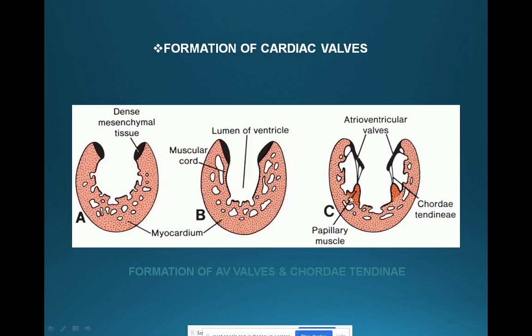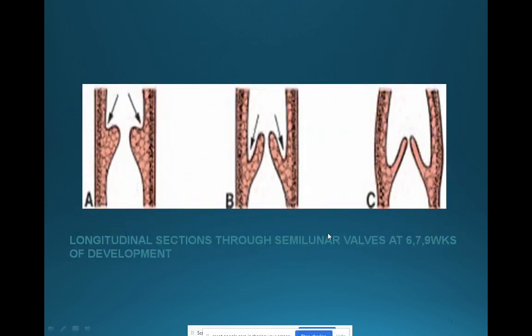Once they erode, some part of it elongates, forming the papillary muscle, the rest of the part is replaced by fibrous tissue forming the chordae tendineae, and whatever remains of the mesenchymal cells above will form the valves. This is how the cardiac valves form.